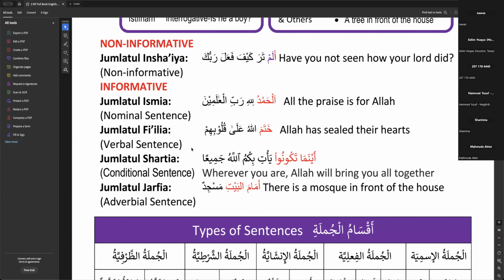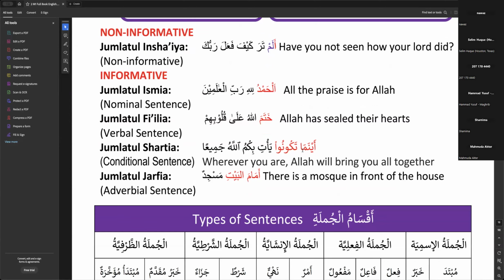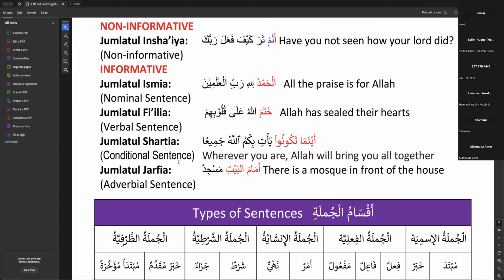Jumlatul shartiya: Aina ma takunu ya'ti bikumullahu jami'a, wherever you are, Allah will bring you all together. It is a conditional sentence. And finally, jumlatul dharfiya, the adverbial sentence: amama al-bayti, there is a mosque in front of the house. So what did we learn?